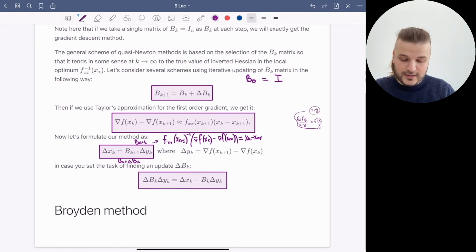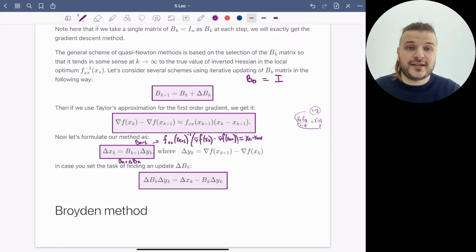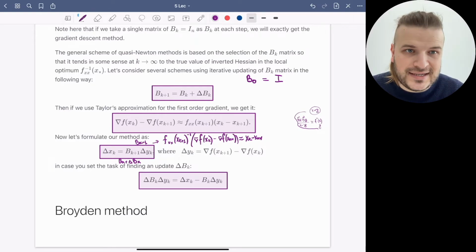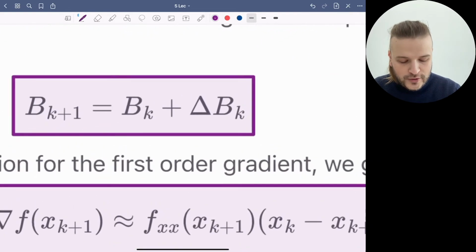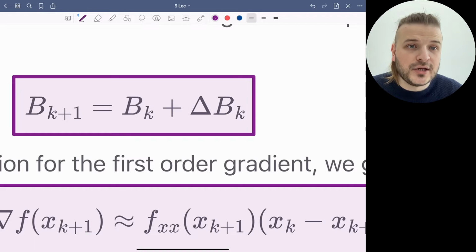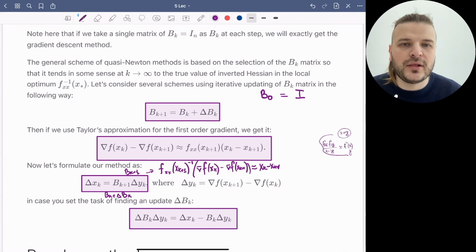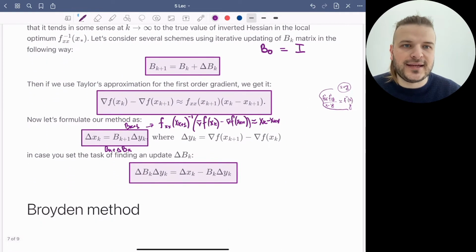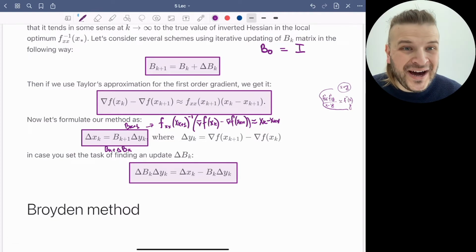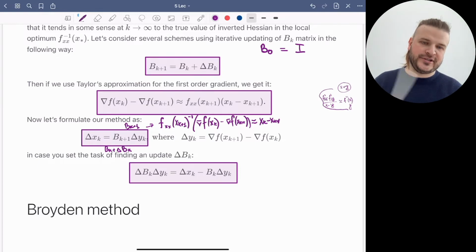And the next question is, what if we make some additional assumptions on how this delta bk should look? For example, let's add at each iteration some rank 1 update. Reasonable, simple.